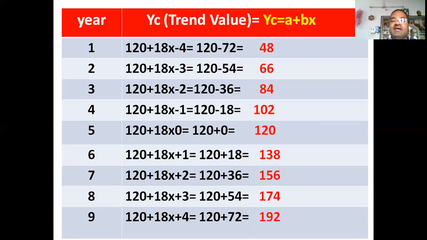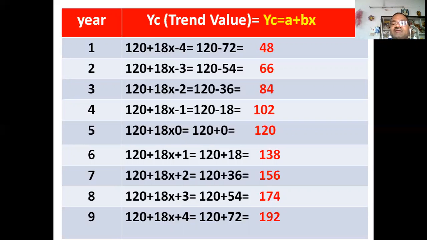Getting it? Then the third year, the same, YC is equal to A plus BX. A is 120 plus B is 18 into X minus 2. Then 120 minus 2 into 18 is 36, so 120 minus 36 is equal to 84.